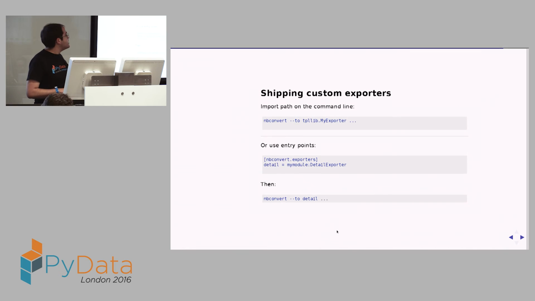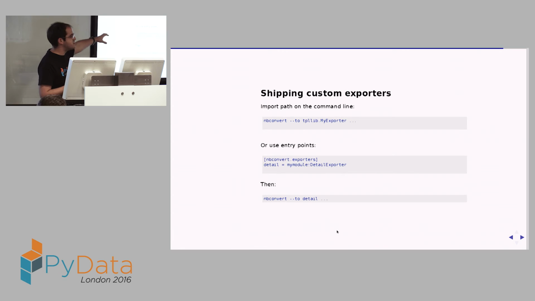So then, how do you actually use your custom exporter and deliver it to other people? You can use an import path on the command line. So you can say nbconvert --to and then the name of your module dot the name of your class, and in this case, it will go from tpl_lib import my_exporter, and it will use that as the exporter class. You can also use setuptools entry points, aka the one nice thing about setuptools, this mechanism that allows you to specify plugins for Python systems.